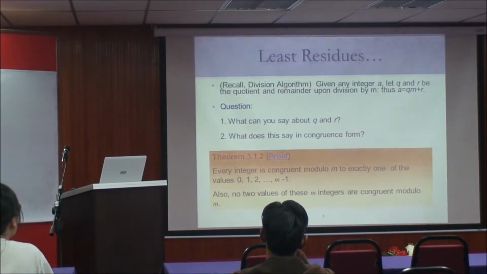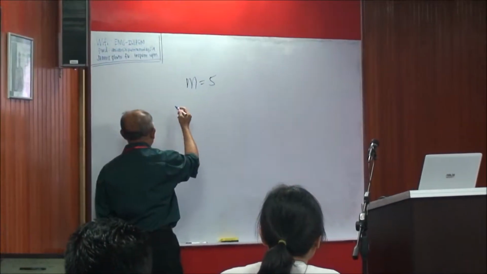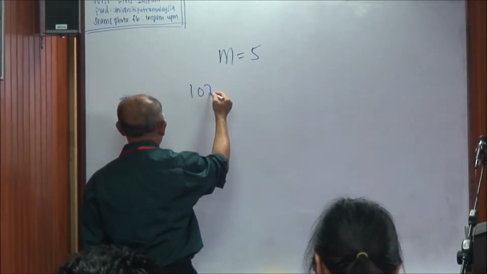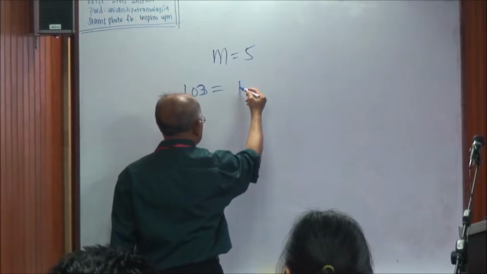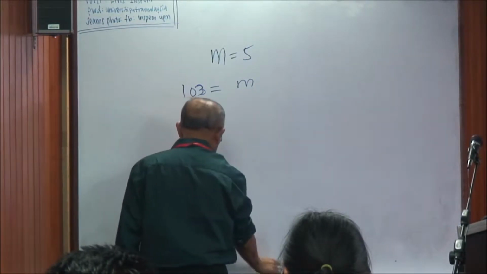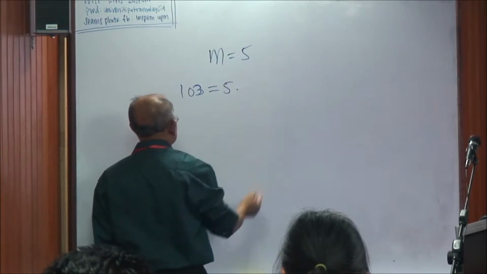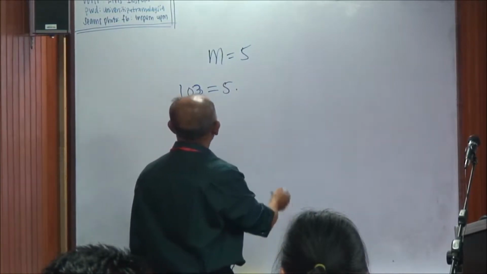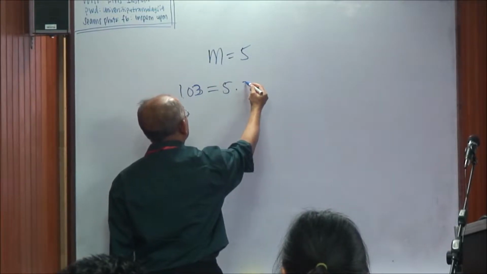So let's say M is equal to 5, right? Given an integer A, if you want to divide by 5, what is the quotient of the division? We have M, which is 5, as the divisor. The quotient is 20, right?